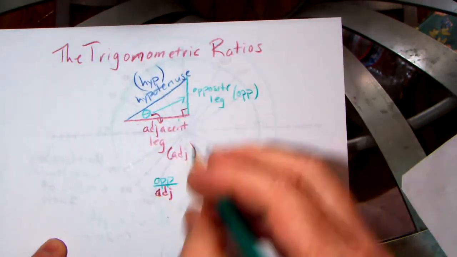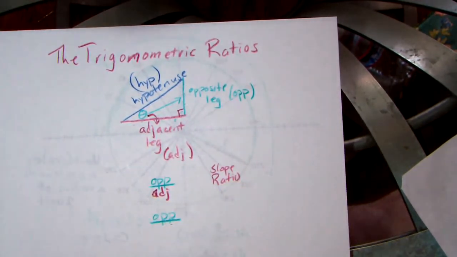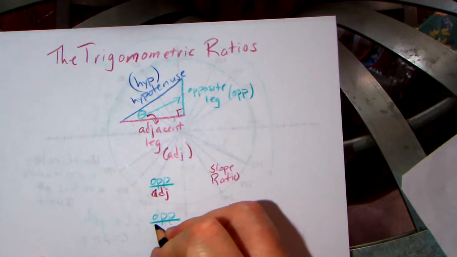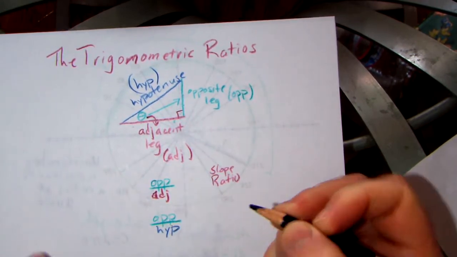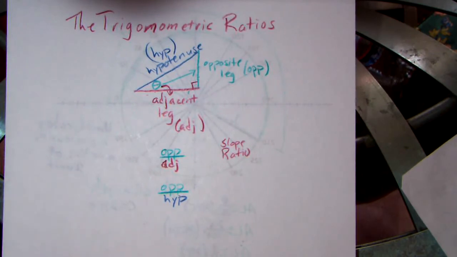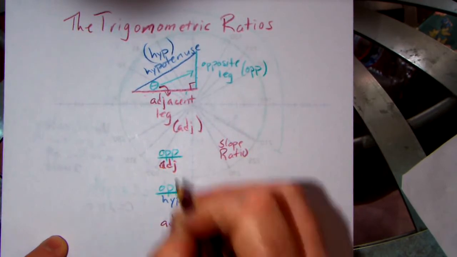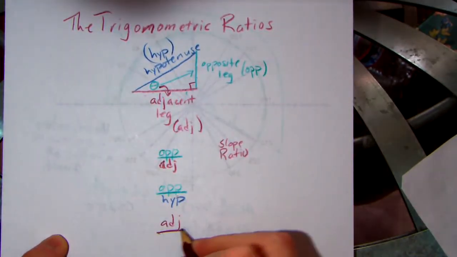And that's one we've been focused on for a while now. Another possible combination that we could write is comparing the opposite leg to the hypotenuse. And then a third possible combination would be to take the adjacent leg divided by the hypotenuse.